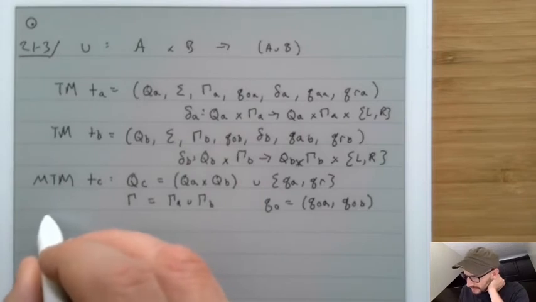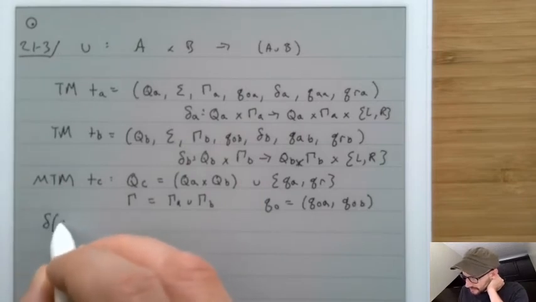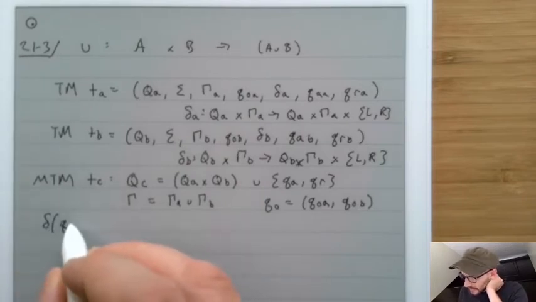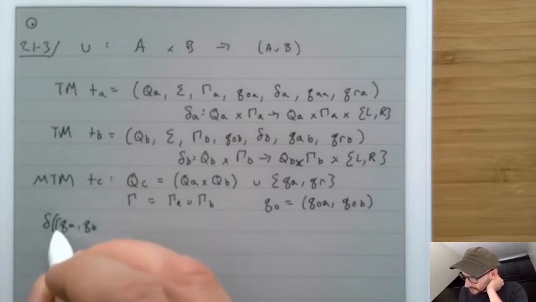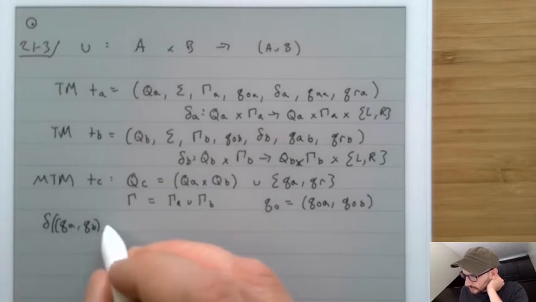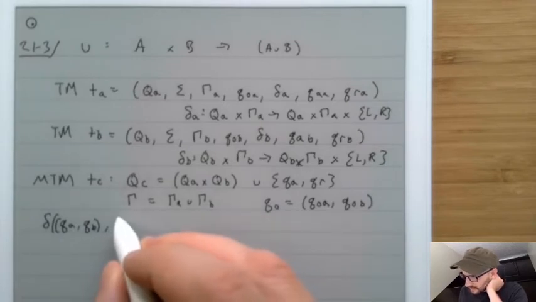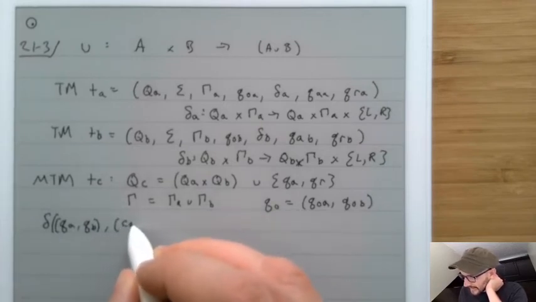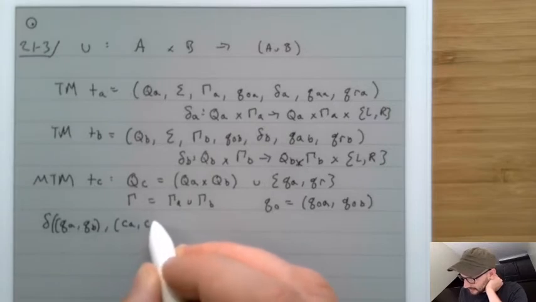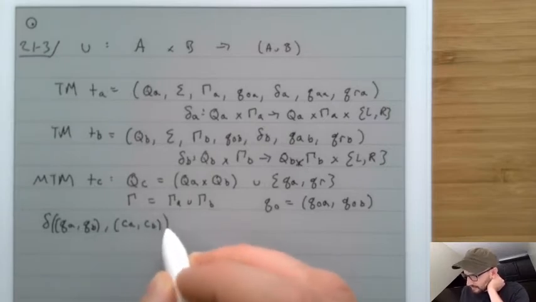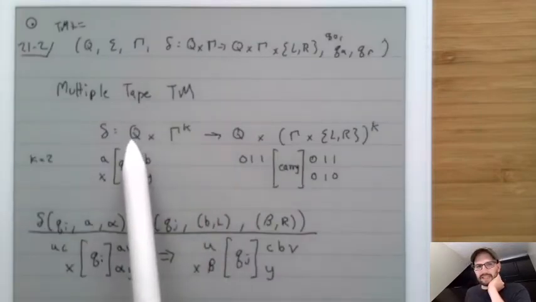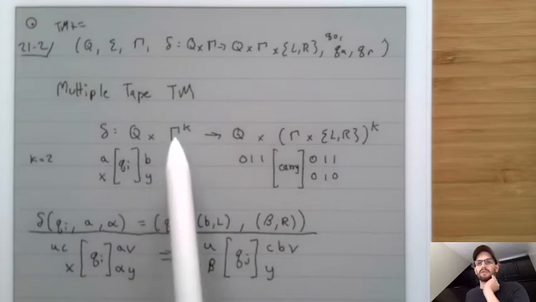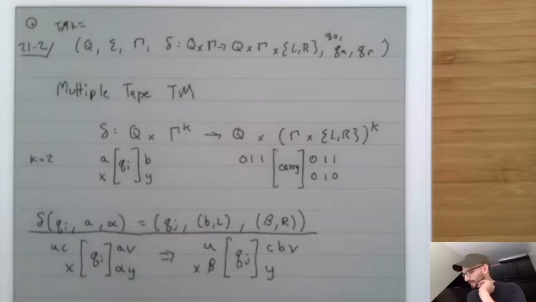We're going to say that delta of QA, comma, QB, when we're given a character CA and CB, because remember, the delta function is going to get a state, and then it's going to get a tuple of all of the different tape readings.